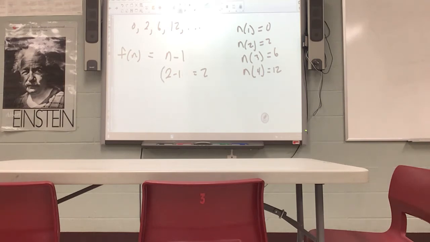Okay, times 2. Now what is 2 in terms of this sequence? This is the first term, this is the second term. So maybe if we multiply it by the number of term, let's try that with 6, because that's my third term. So 3 minus 1 is 2, and then 2 times 3 is 6.